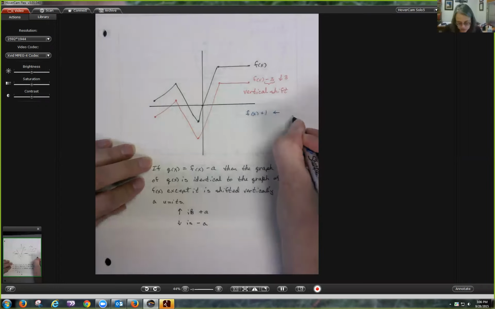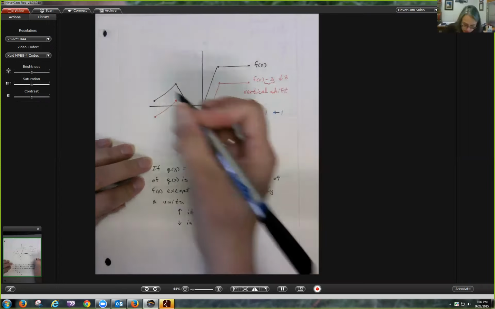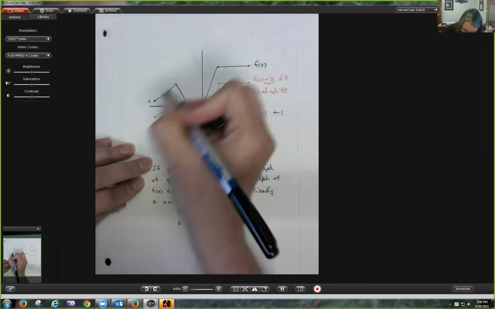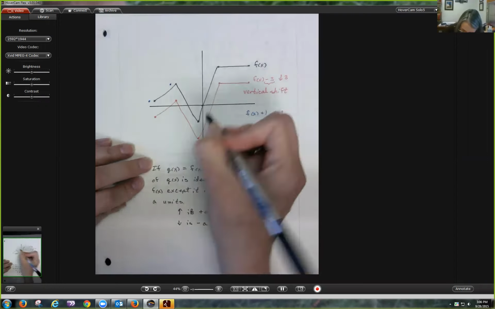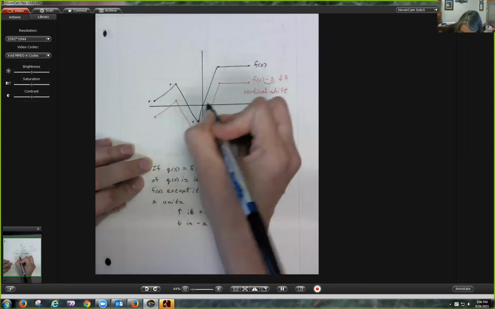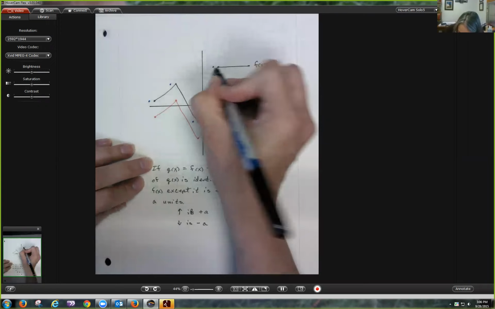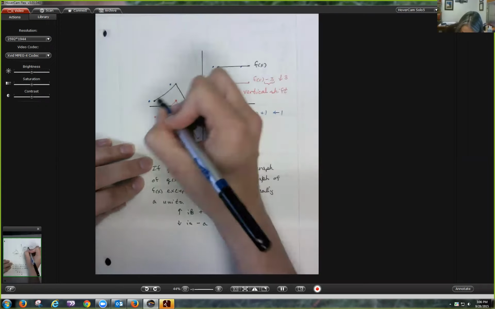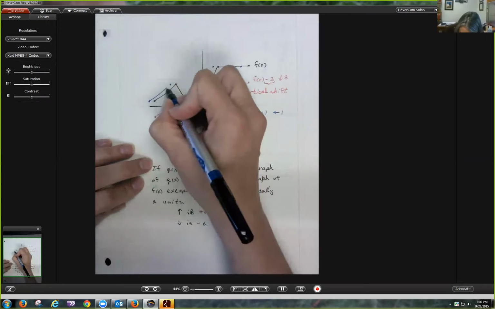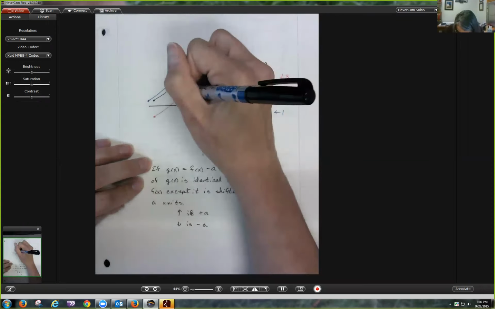We're adding, so it goes to the left 1 unit. So we take each of our points and just translate it left 1 square. And then again, transfer our shapes in between those 2 points.